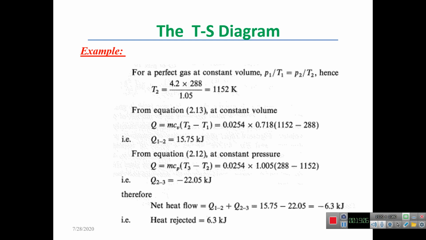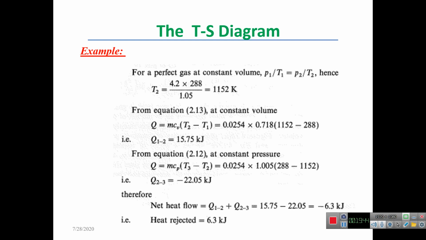We substitute for m 0.0254, Cp for air is 1.005, and multiply that by T3, which is equal to T1, 288, minus T2, which is 1152. Now we calculate these numbers together and we get Q2 to 3, from state 2 to state 3, Q is equal to minus 22.05.